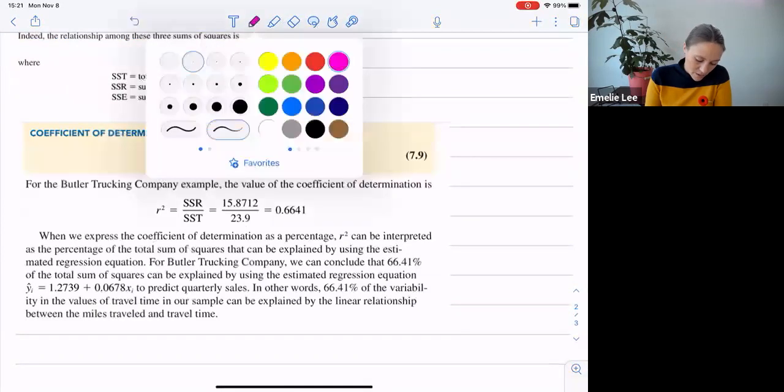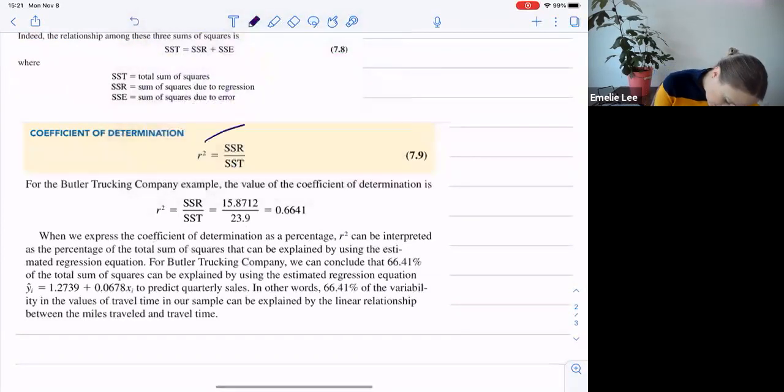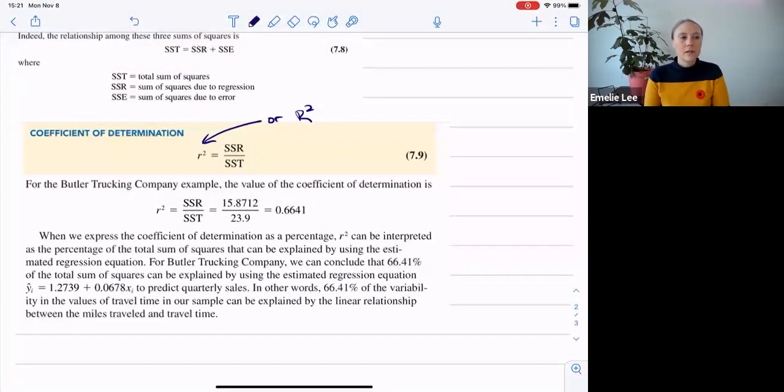Sometimes we'll use R squared or capital R squared. I guess technically, and I learned this from this textbook, the capital R is for multiple regression and a lowercase r is for simple regression. But honestly, most folks just use a capital R squared and don't distinguish between the two.